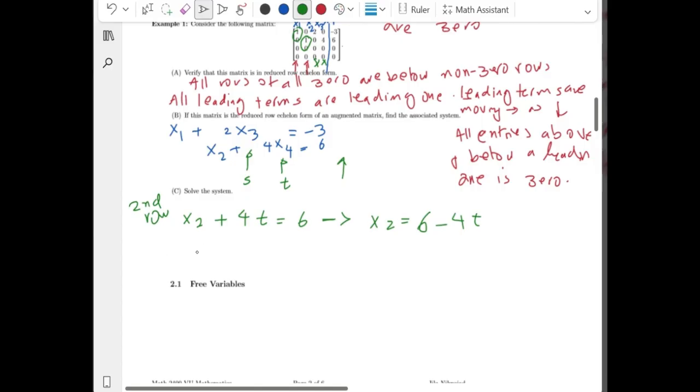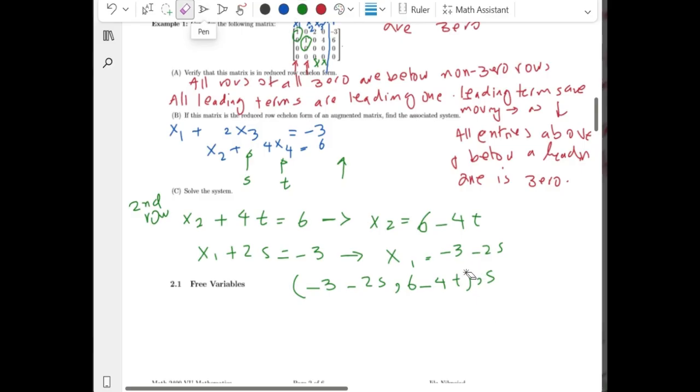Then you go back to the first row, and for x1, put the parameter in again, 2s instead of x3, and that is equal to -3. Then you solve for x1, which is -3 minus 2s. So x1 is -3 minus 2s, x2 is 6 minus 4t, and we assign parameters to x3 and x4.